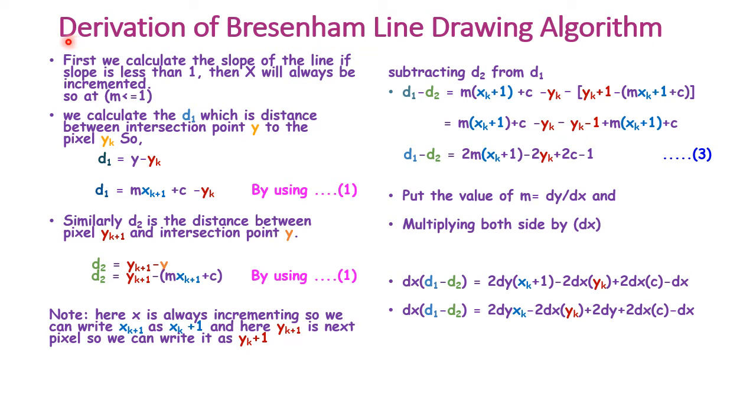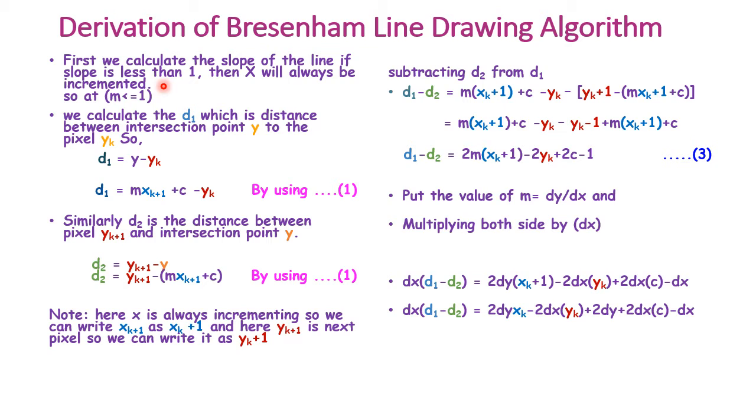Now we will see the derivation of Bressenham line drawing algorithm. Now we are looking at this derivation for when slope value is less than 1, means m is less than 1. So when slope value is less than 1, at that time x value will always be incrementing in each iteration, and for y value we need to take decision.